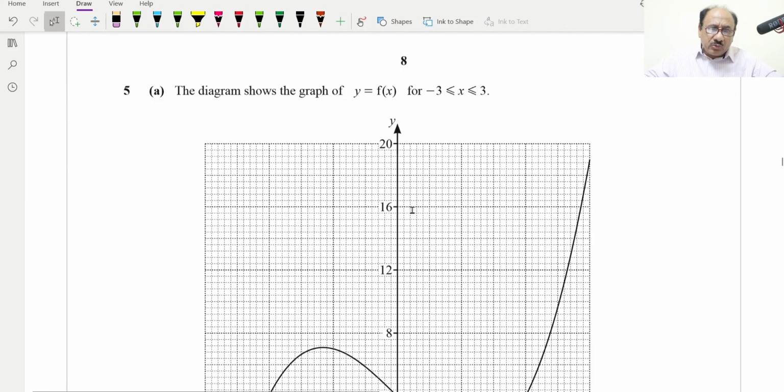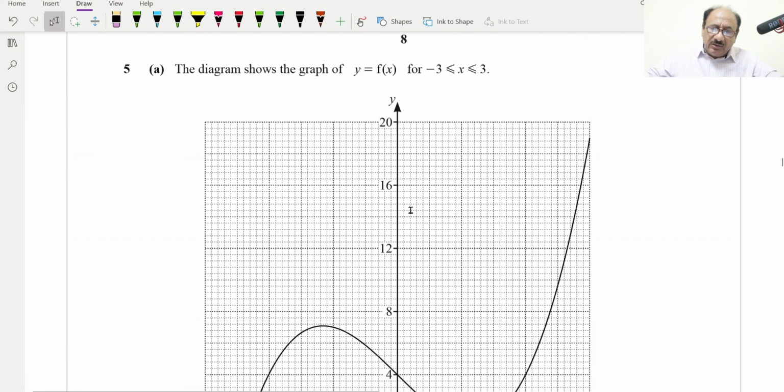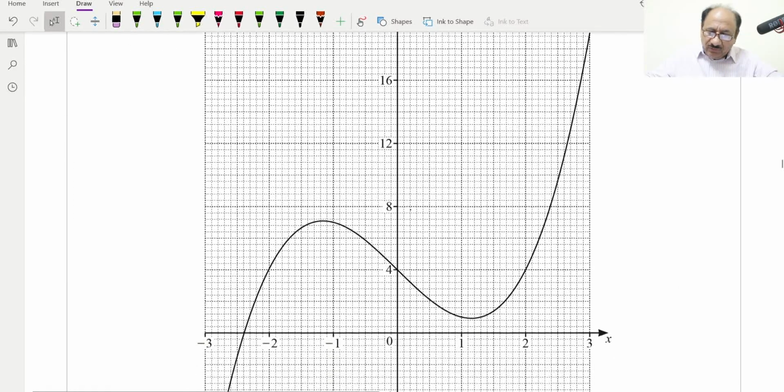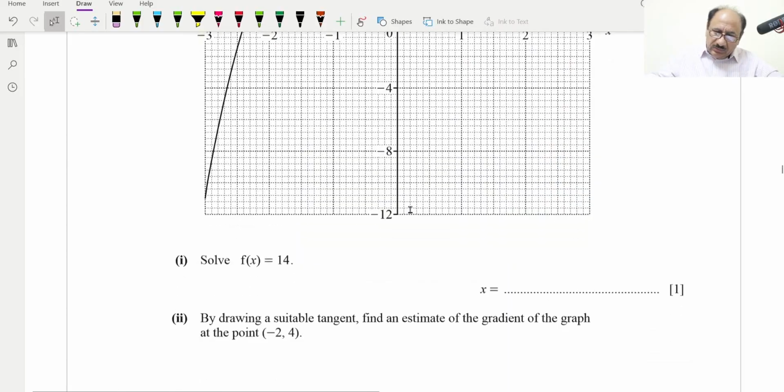Now here comes question number 5. The diagram shows the graph of y equals f of x for this range, and they have already shown this graph.